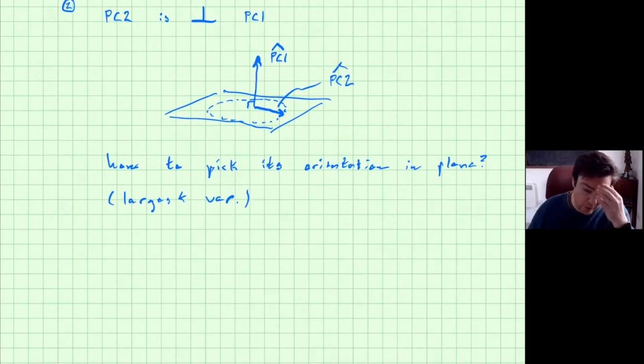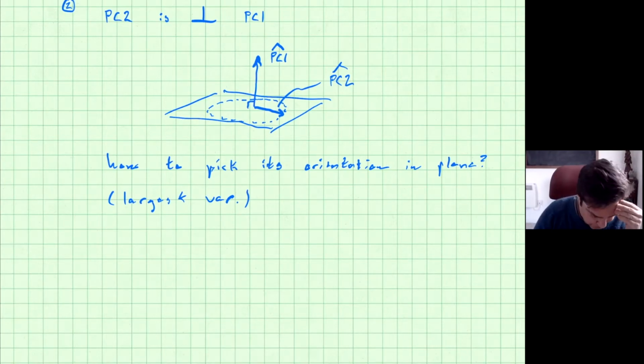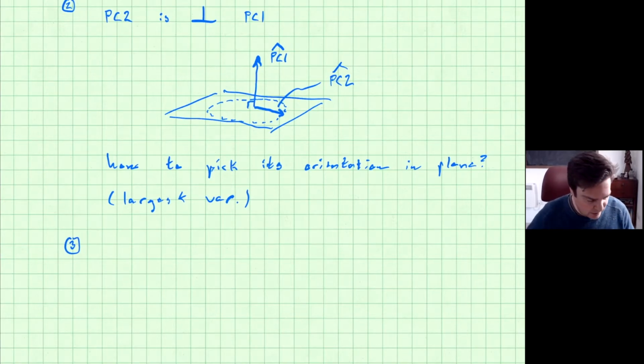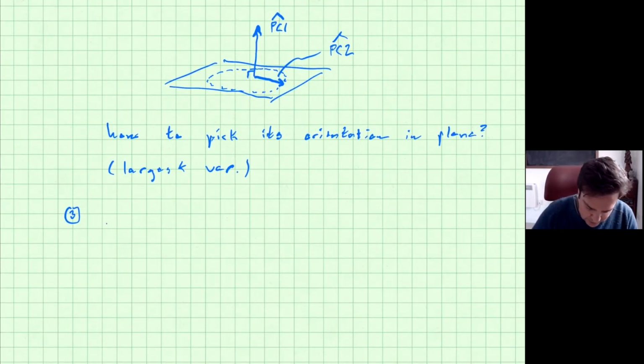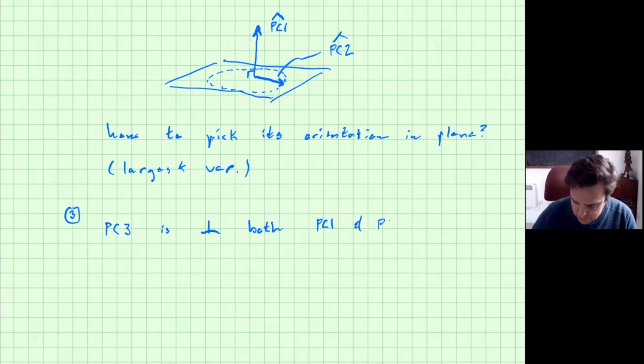Okay, but now remember, this was a three-dimensional problem. So what about PC3? My data in this new space has to be described by three axes. So PC3 is perpendicular to both PC1 and PC2.